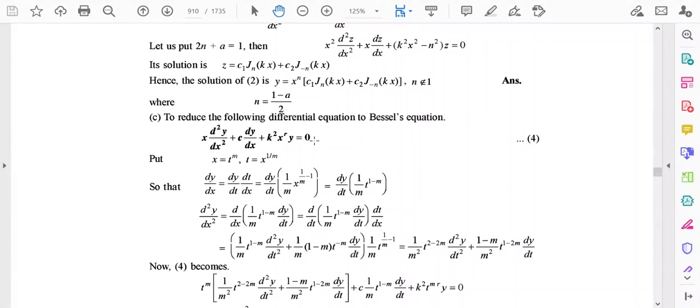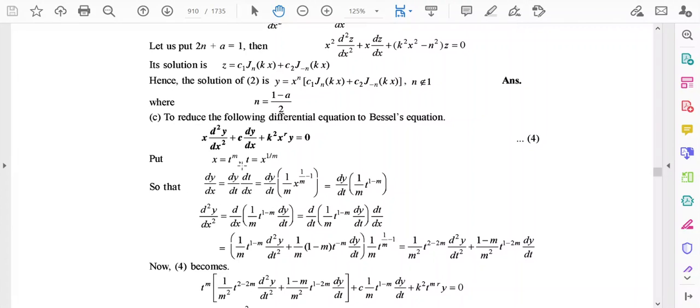Now how to reduce this equation? We are going to reduce in this way, that is we are assuming x equal to t to the power m. So t is equal to x to the power 1 by m. You have to proceed in this way. If x is equal to t to the power m, then dy by dx will be dy by dt into dt by dt dx.